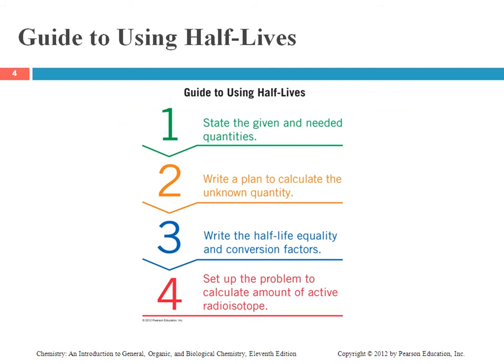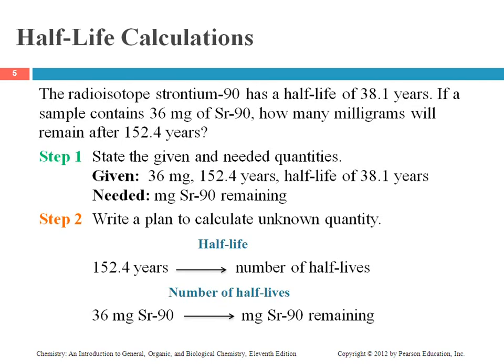If we're going to calculate a half-life, we're just going to state what we're given and what we need. We're going to write a plan of how we're going to calculate it, and then we're going to have to convert. Okay? So we have a radioactive isotope, strontium-90, with a half-life of 38.1 years.